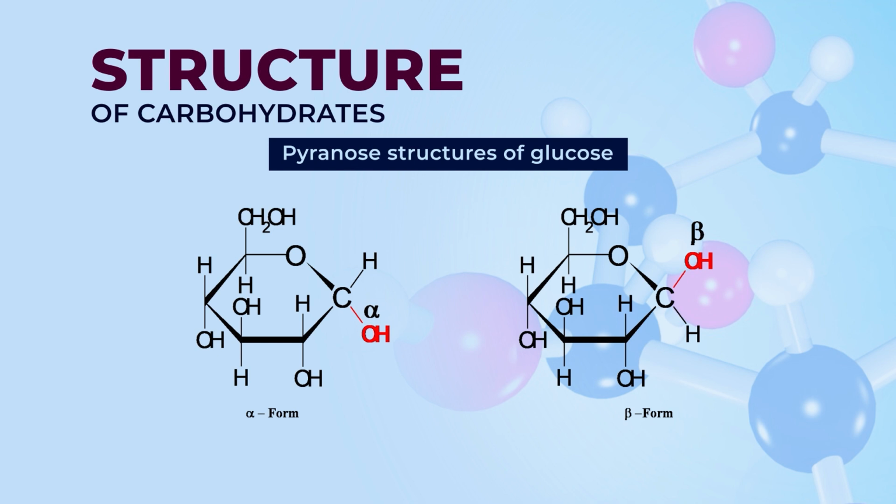So, this is how the cyclic structure, or what we call the pyranose structure of glucose, is shown. So, now the glucose in solution is in the linear form, in the alpha form, and in the beta form. So, it is very important to remember that in the alpha form the OH group is on the bottom, and in the beta form the OH is on the top.